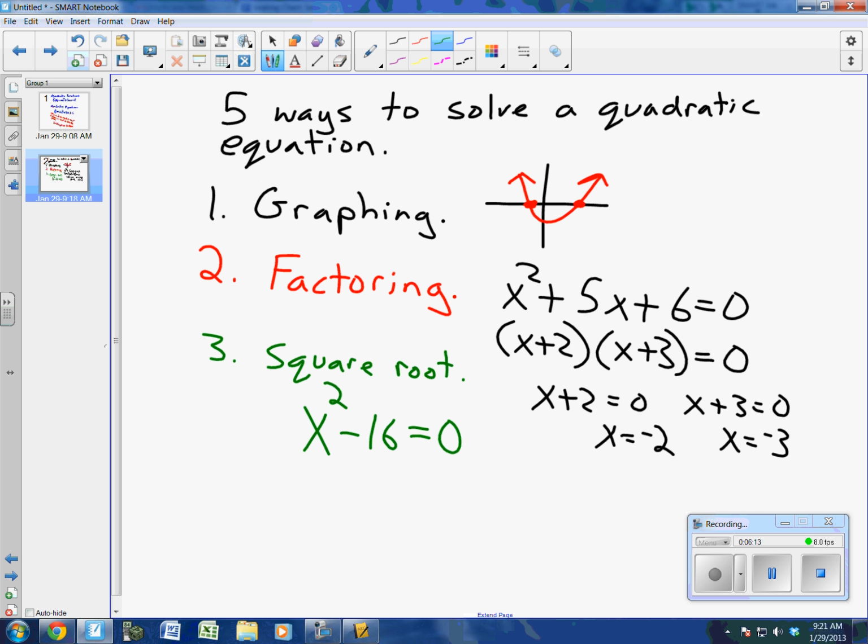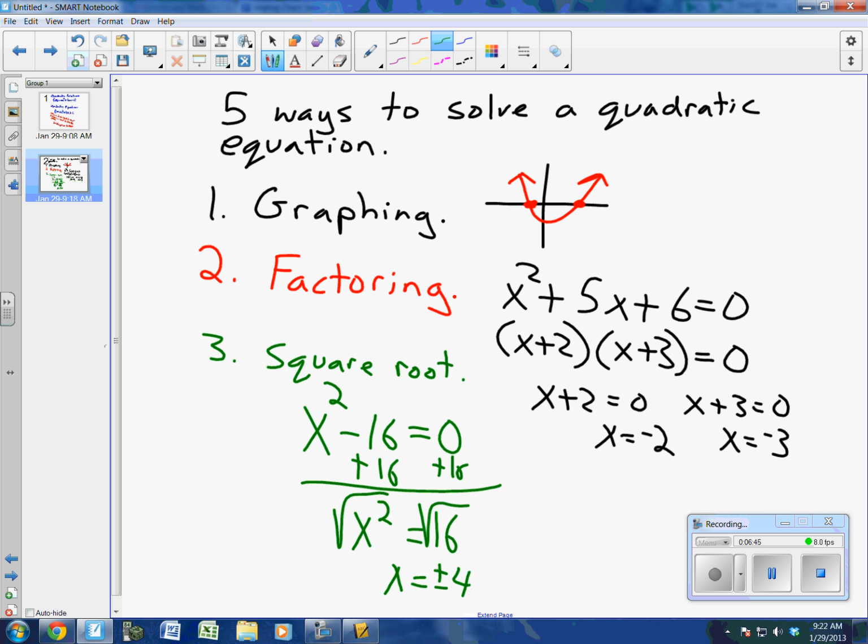I can actually do this one either by factoring or by getting x by itself on one side. If I was to do this one by getting x by itself on one side, what would I do? I would first of all do what? Add 16, right? So I would add 16 to both sides. That would give me x squared equals 16. And then I would do what to both sides? Square root both sides. And that would give me x equals plus or minus 4.